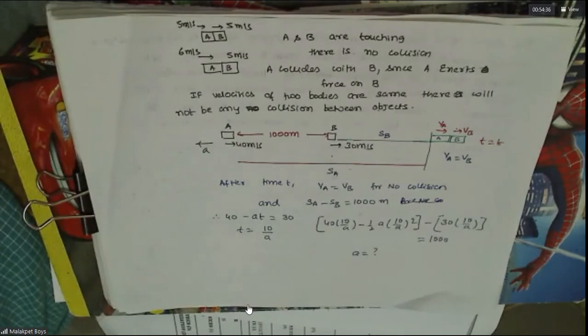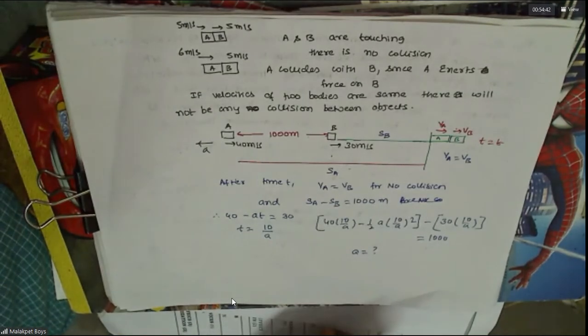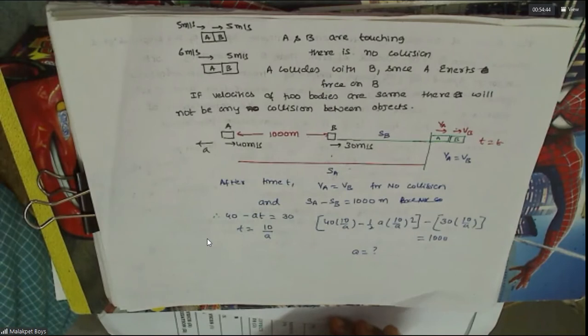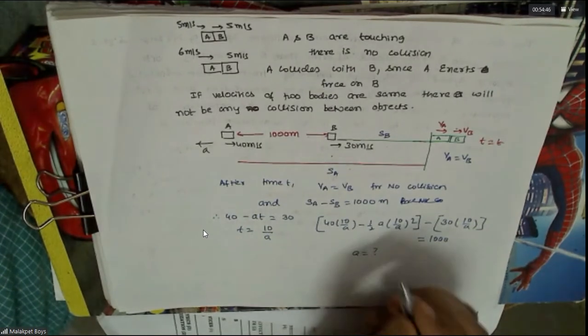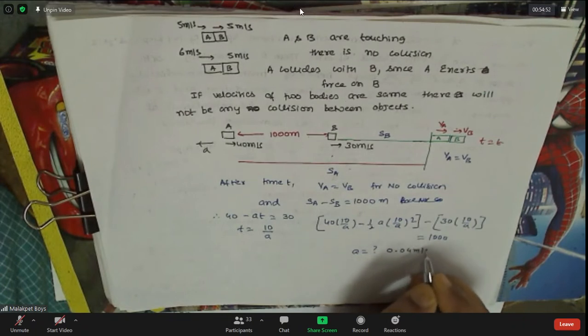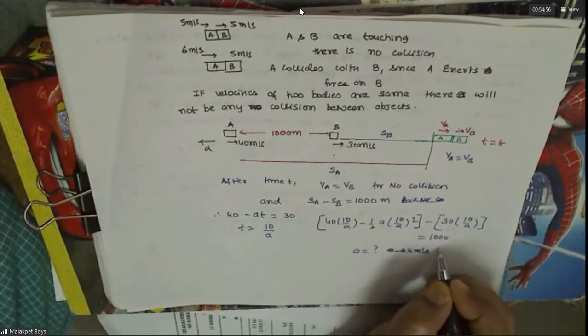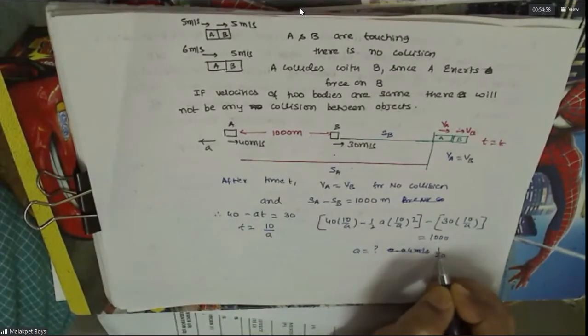A is 0.04. No, 0.05, 1 by 20. Yes, 0.05, that is 1 by 20.